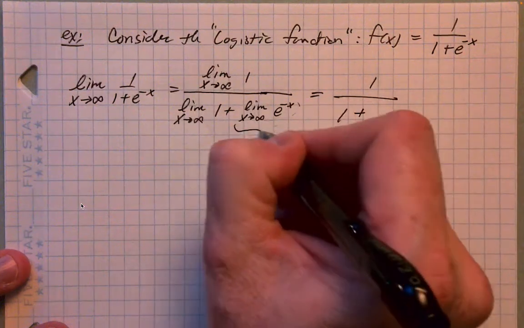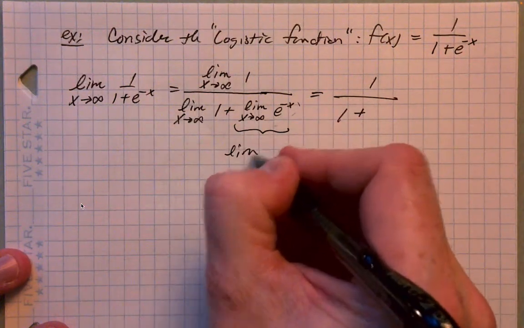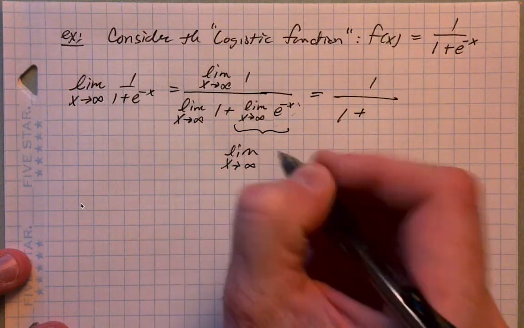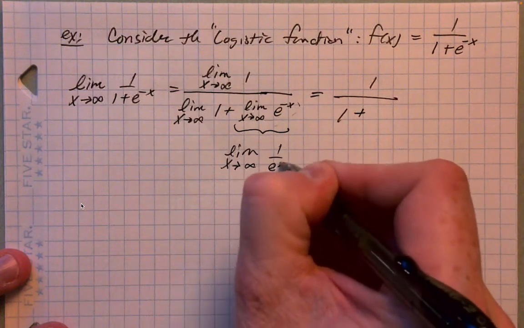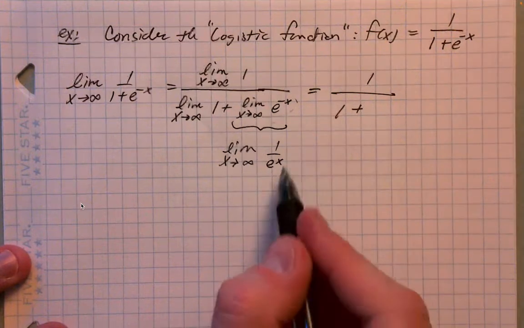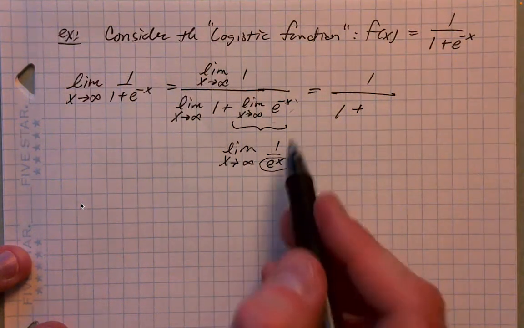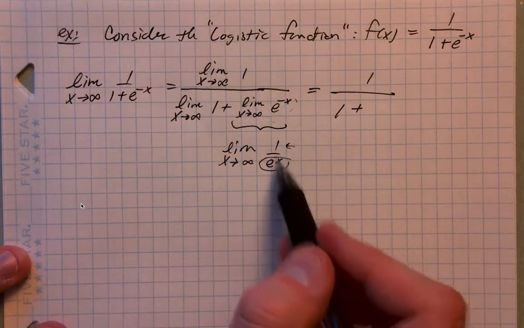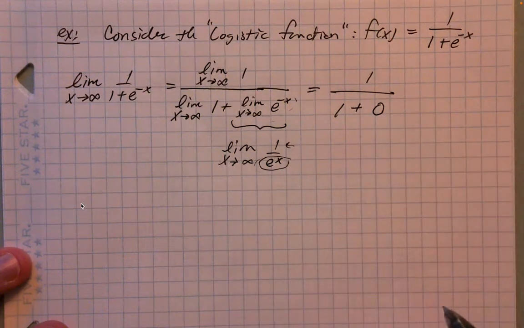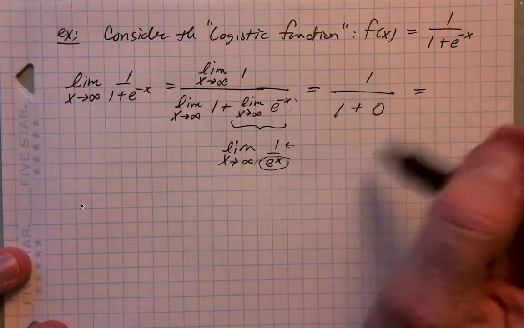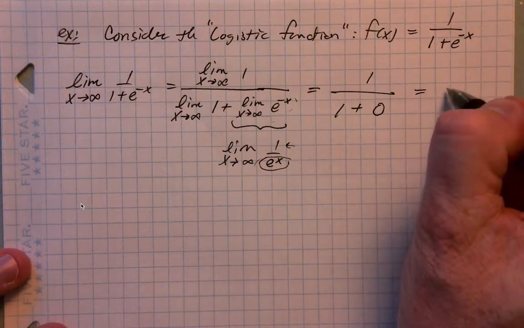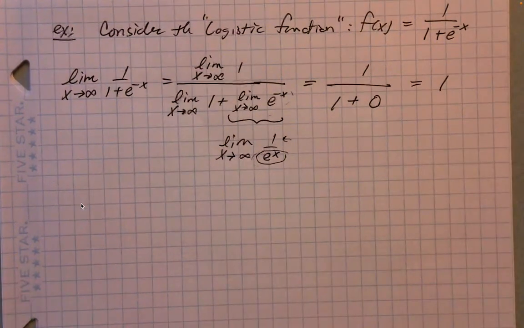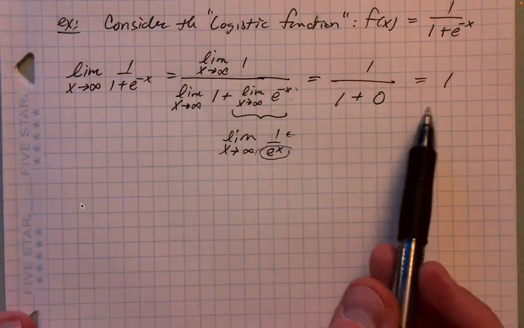Just to make that clear, this is like 1 over e to the x, and so this is going to grow without bound. This is obviously fixed. And so this is going to head off to 0, which means that the limit of this function as x approaches infinity is 1. 1 over 1 plus 0 is 1. So that's what happens on the right-hand side of the number line for this function.